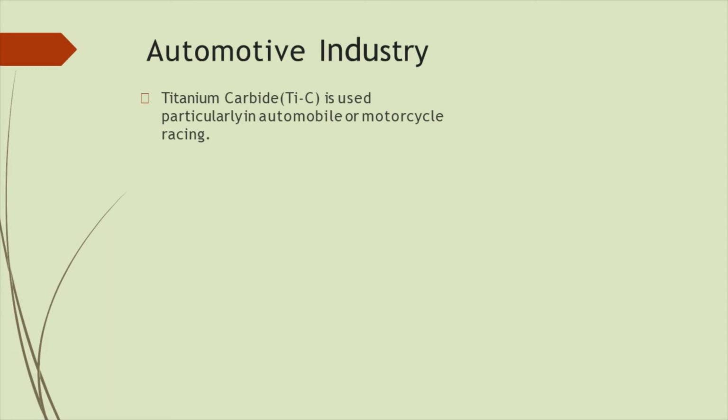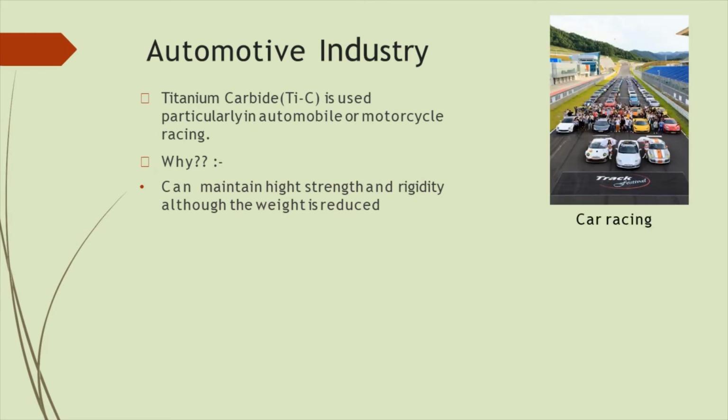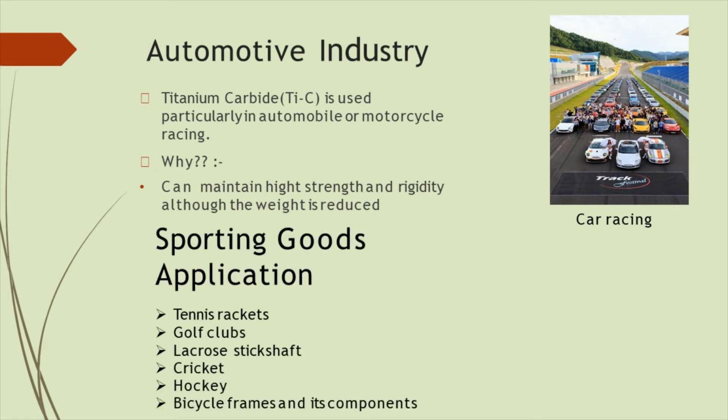Furthermore, titanium carbide is used in automotive applications, particularly in automobile or motorcycle racing, where weight reduction is critical while maintaining high strength and rigidity. And in many sporting goods such as tennis rackets, golf clubs, lacrosse stick shafts, cricket, hockey, and bicycle frames and their components.